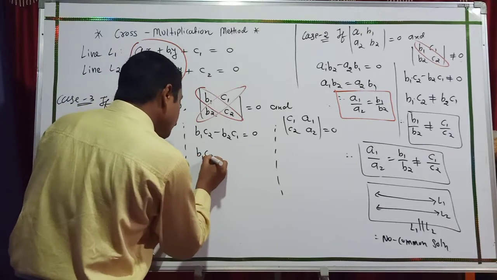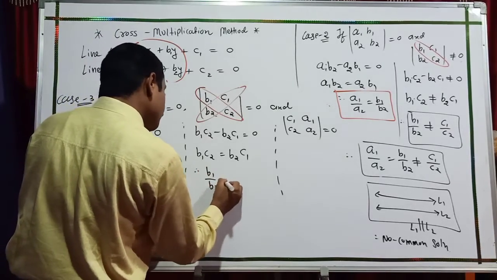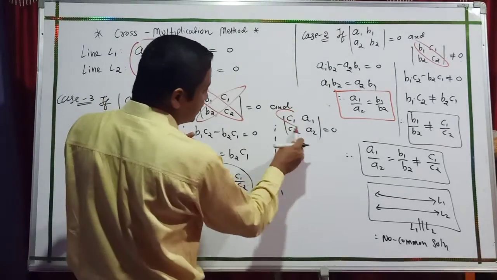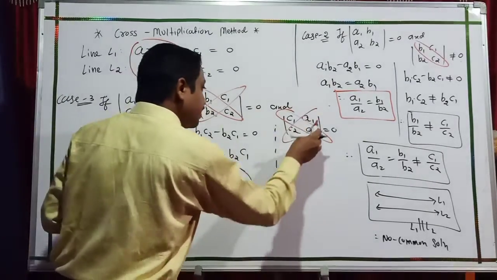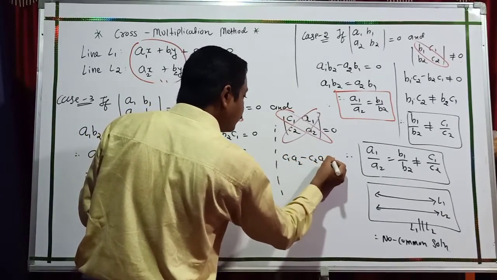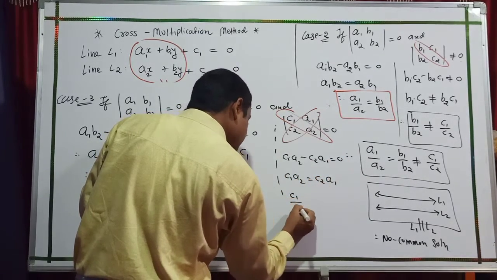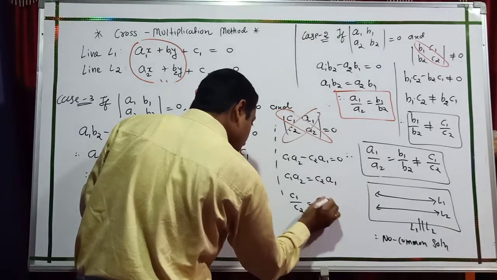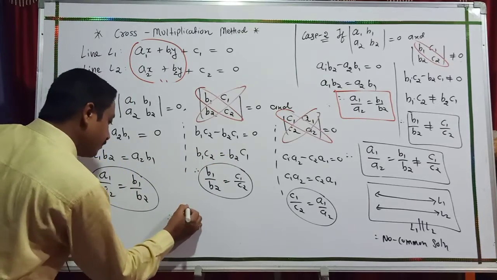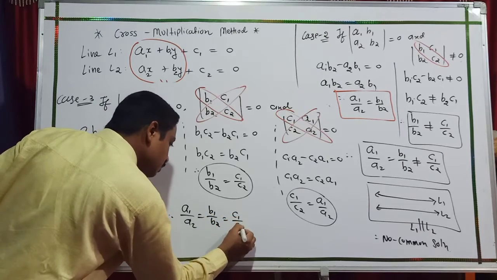So B1 C2 is equal to B2 C1, so you get B1 by B2 equal to C1 by C2. And finally here also the same, principal diagonal minus the secondary diagonal: C1 A2 minus C2 A1. So C1 A2 is equal to C2 A1. So what you get? C1 by C2 is equal to A1 by A2. So you sum up all these three terms in one line. Comparing them, A1 by A2 is equal to B1 by B2 is equal to C1 by C2.